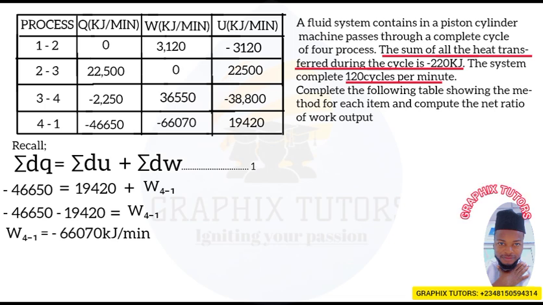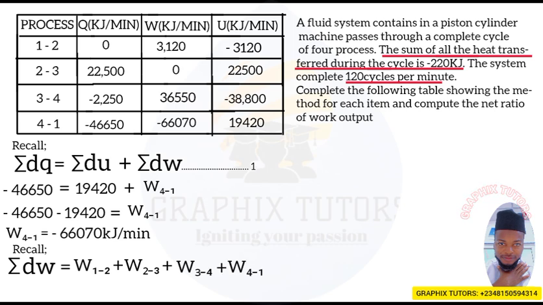So we'll now look for the net work output. So I'll say recall the summation of W will now give us W12 plus W2 to 3 plus W3 to 4 plus W4 to 1. Is that okay?